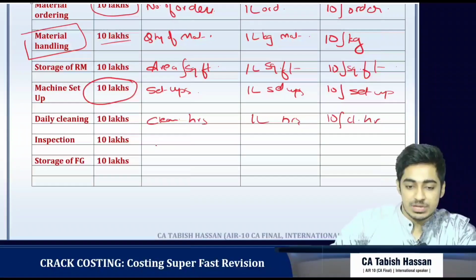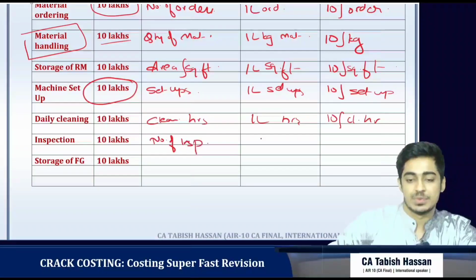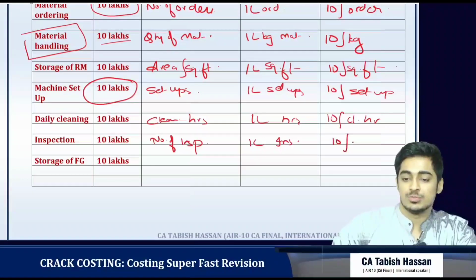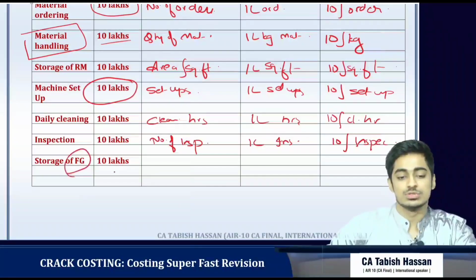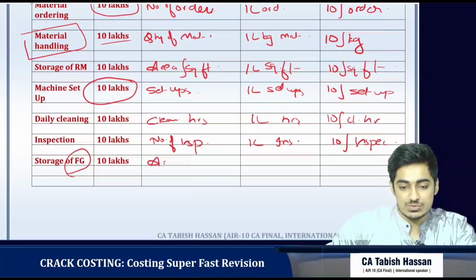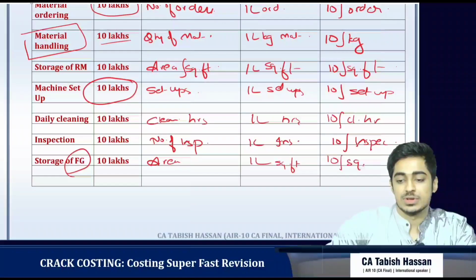Say for example, now we take it based on number of inspections made. Assume we've made 1 lakh inspections in the year, so we get it at rupee 10 per inspection. And again, storage of finished goods, it is again based on the area or the square feet which it consumes. So assume it's 1 lakh square feet, so it will be 10 per square feet.